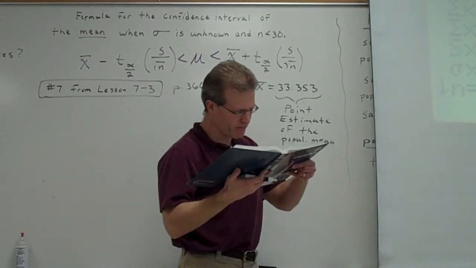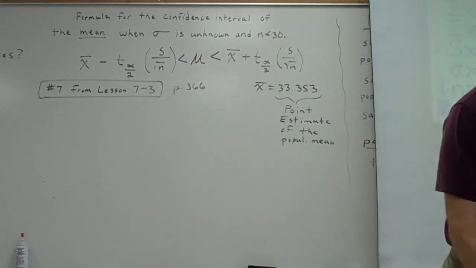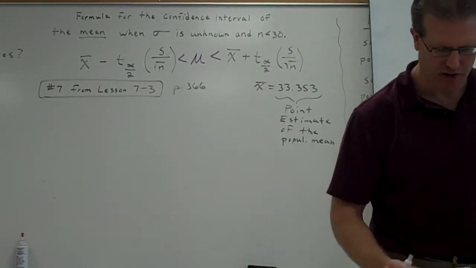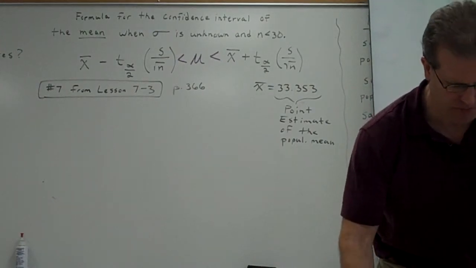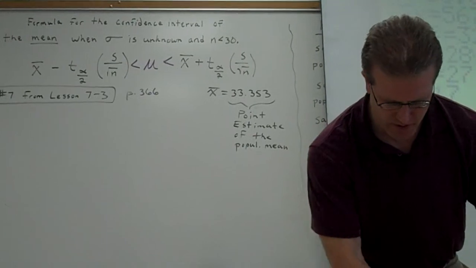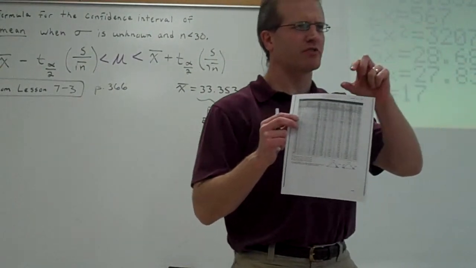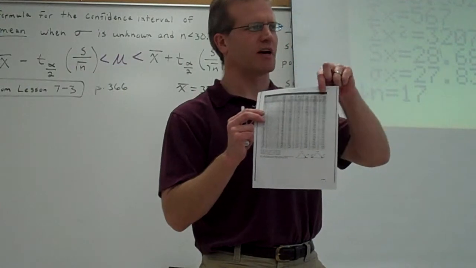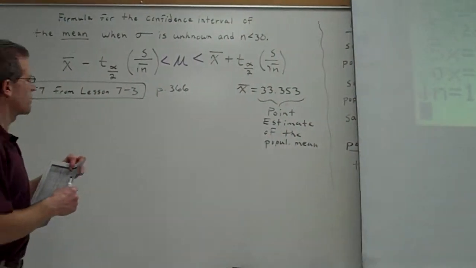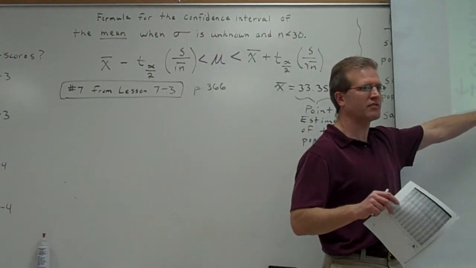Okay, next question. Find the 90% confidence interval of the population mean. So for 90%, you're going to have to go to your T distribution chart, which is on the back of your Z distribution chart. And let's see if I can find it here. You're going to look up 90% confidence interval at the top. Our sample size in this problem, we'll see right here on the calculator, is 17.